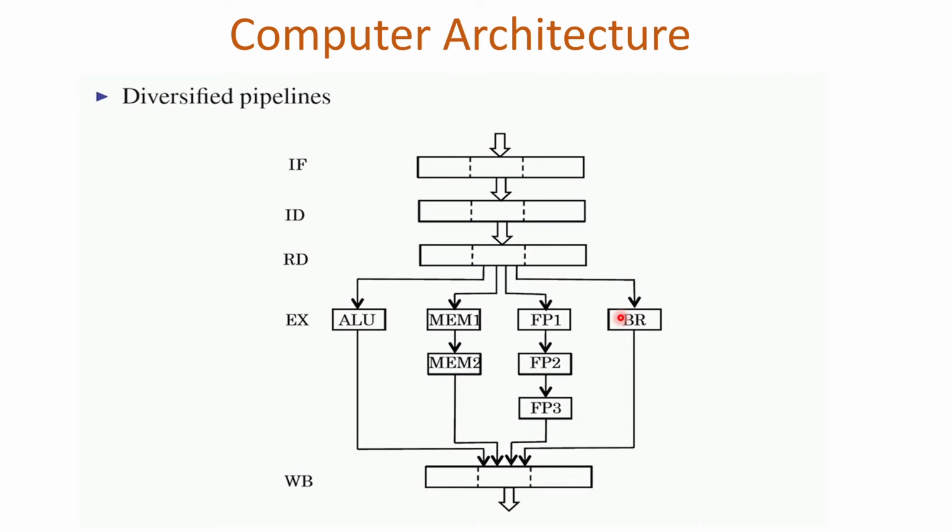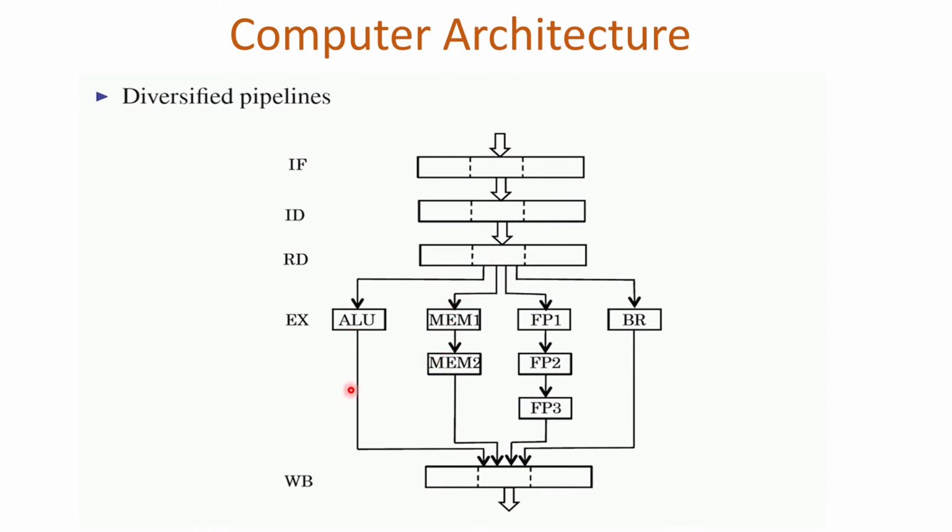After completion of the execution in this part, instruction 1 will go through this ALU side. Instruction 2, say a floating point instruction, will be fetched, then decoded, then the operand will be fetched, and then it will go for this floating point part. Instruction 3 may be a memory reference instruction, so it will come on this side.